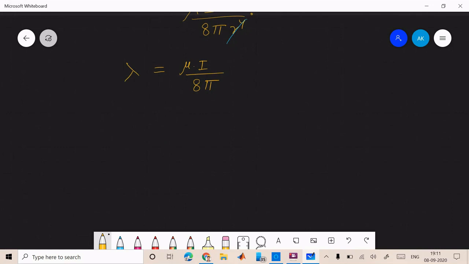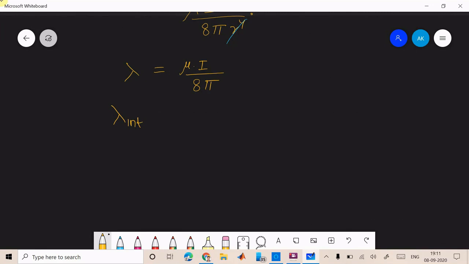Okay, this is a flux linkage. This flux linkage was your internal flux linkage, so we write it as lambda internal, INT meaning internal.